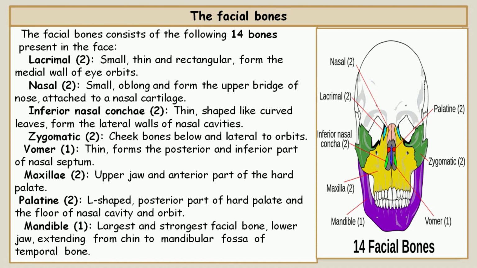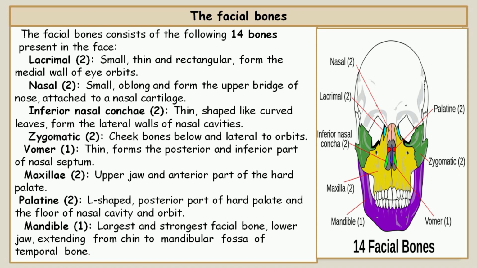Inferior nasal concha, thin, shaped like curved leaves, forms the lateral walls of the nasal cavities. Zygomatic, cheekbones below and lateral to the orbit. Vomer, thin, forms the posterior and inferior part of the nasal septum.